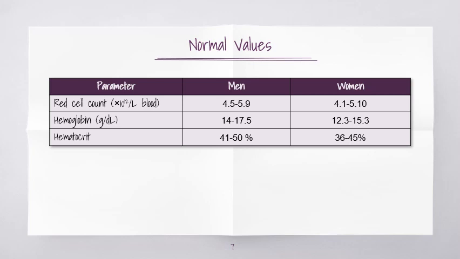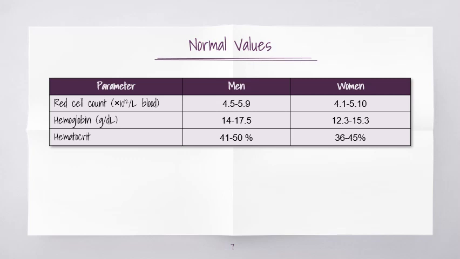So this is just a rough guide for the parameters of the red blood cell, hemoglobin, and hematocrit components in the complete blood count. The red blood cell count is usually between 4 to 6 in men and about 4 to 5 in women.